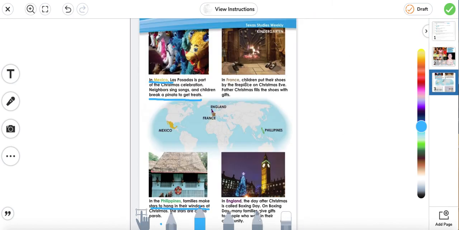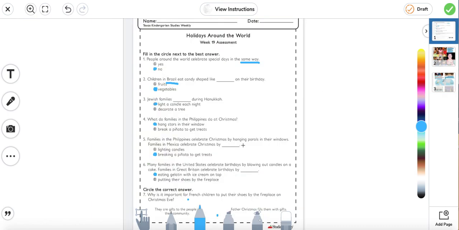In France, children put their shoes by their fireplace on Christmas Eve. Father Christmas fills the shoes with gifts. So our answer is Father Christmas fills them with gifts. That's it for today.